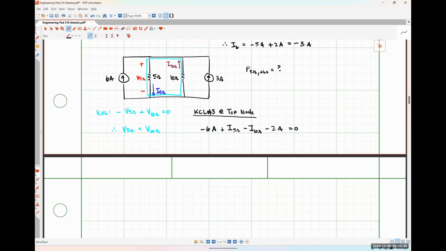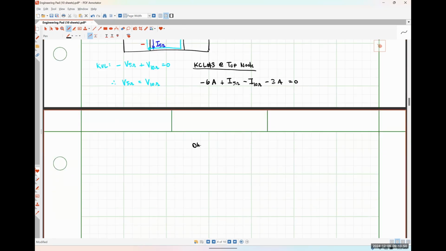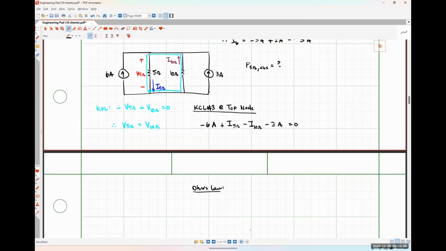So what we're going to use is Ohm's law to express both of those resistor currents in terms of that common voltage V5 ohms that's across everything, right? So let me just sneak down here and write Ohm's law. Okay.